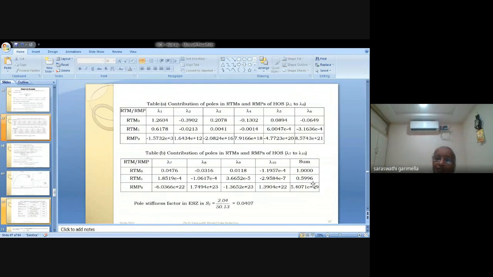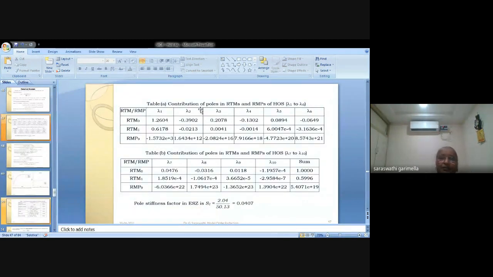Suppose the sum may be zero, but I will have individual contributions. When I worked, my guide told me, you are getting zeros and you are writing 0, 0, 0. I said, sir, the sum is zero, but individually they have some contribution. Then he verified and said, beautiful.